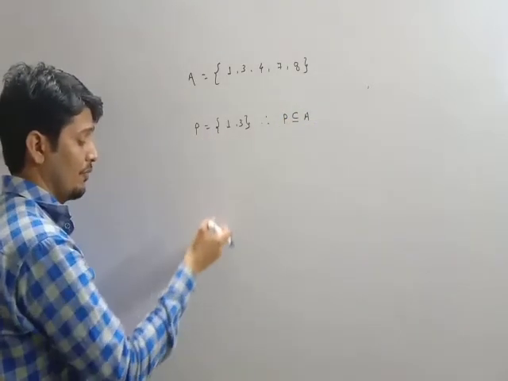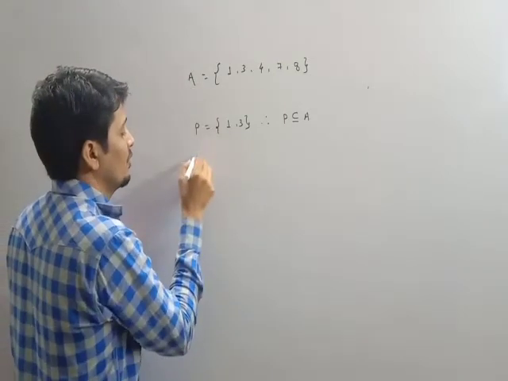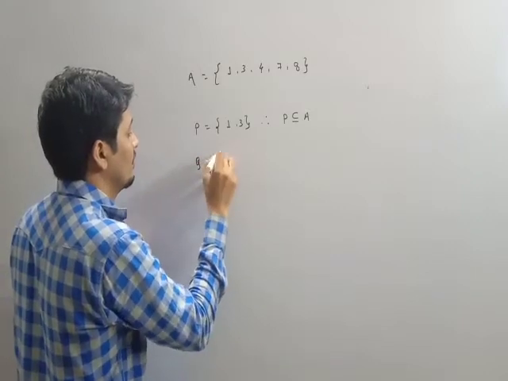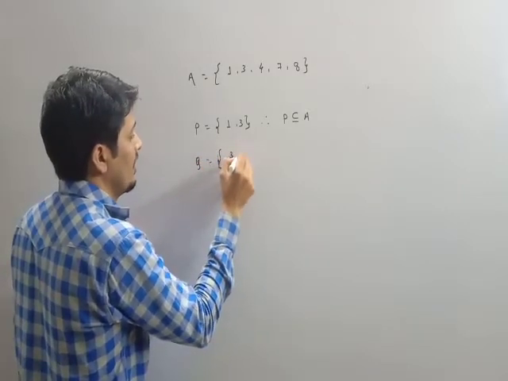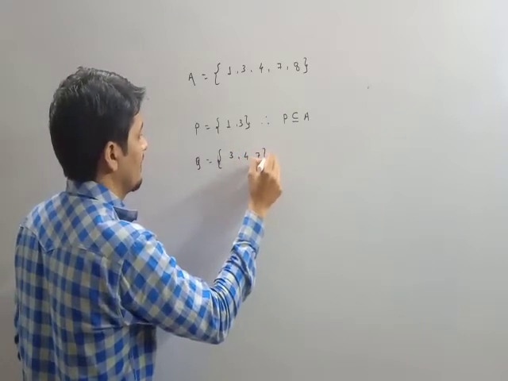So we have to write a few more examples of subsets of set A. Suppose we have Q is the set of 3, 4 and 7.